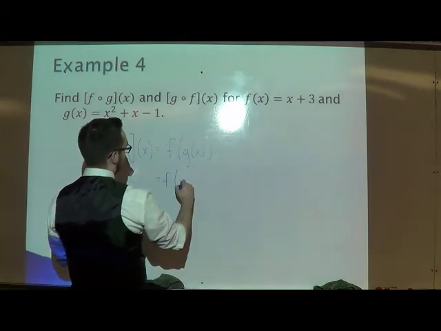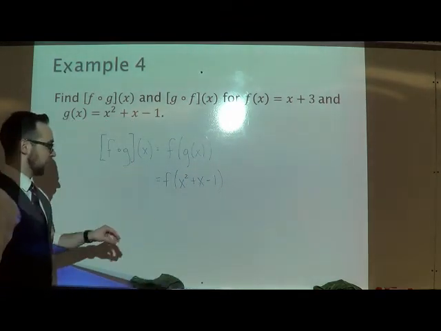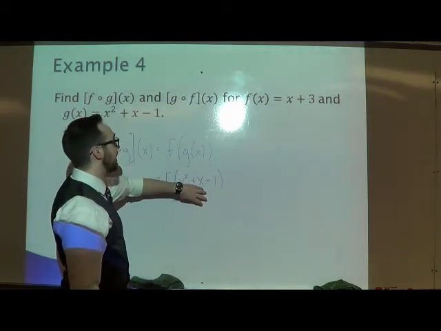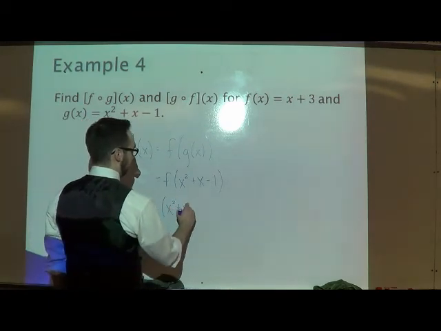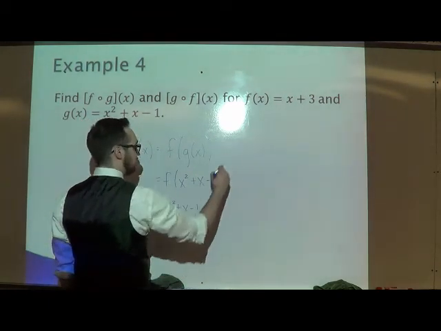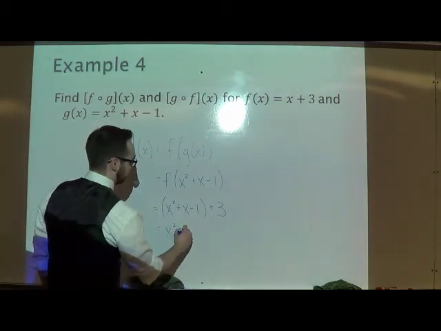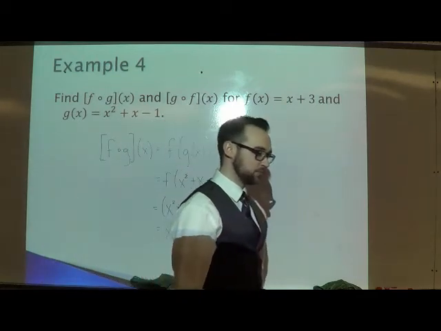So we have x squared plus x minus 1. And now we've seen stuff like this before, where I want to put this inside of all the x's in f, which for me is just the 1, and then we add a 3 on the end. Combine like terms if you can. Negative 1 plus 3 is a positive 2.